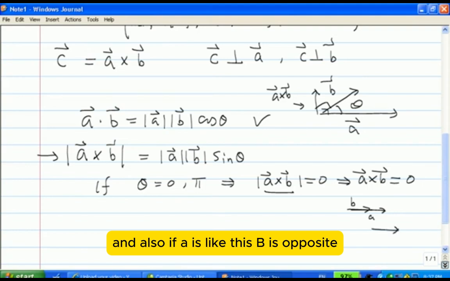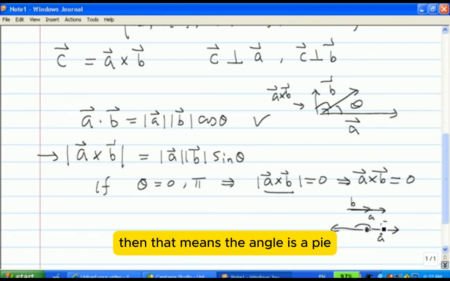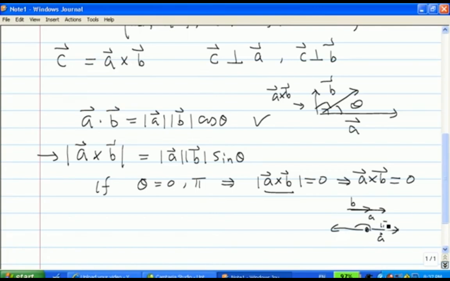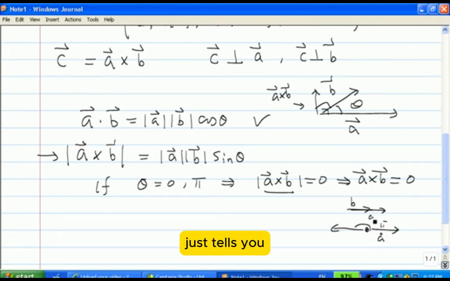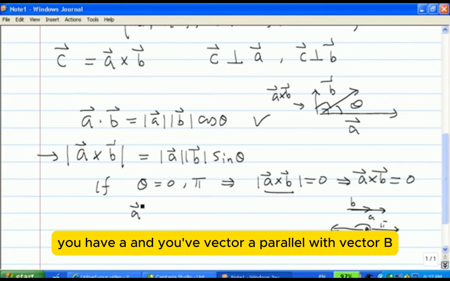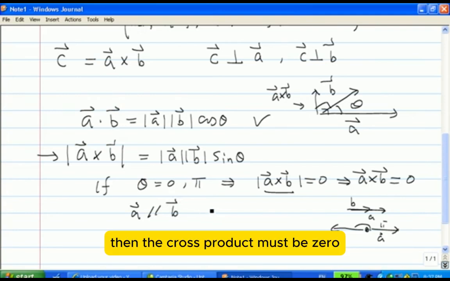And also if A is like this and B is opposite, then the angle is pi, and sine pi is still 0. If you combine both cases, it tells you if vector A is parallel with vector B, then the cross product must be 0.